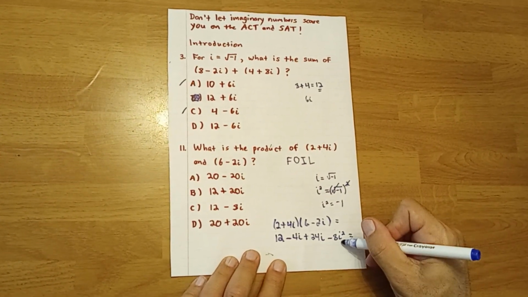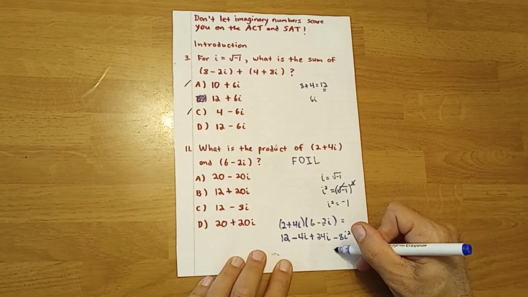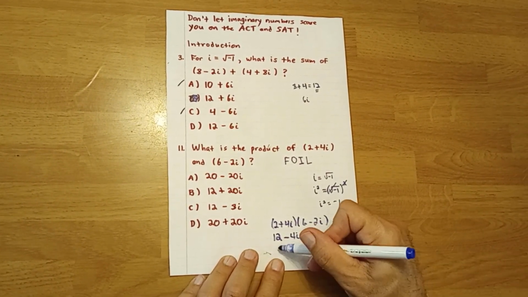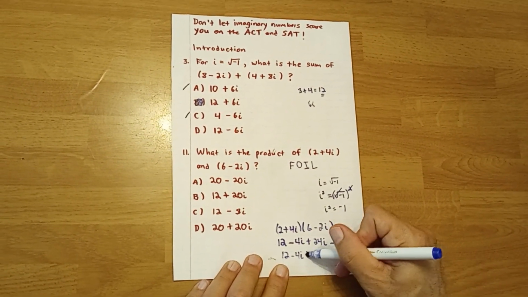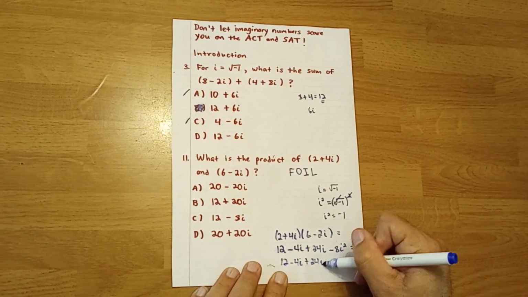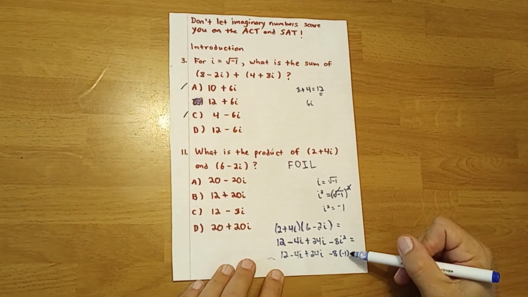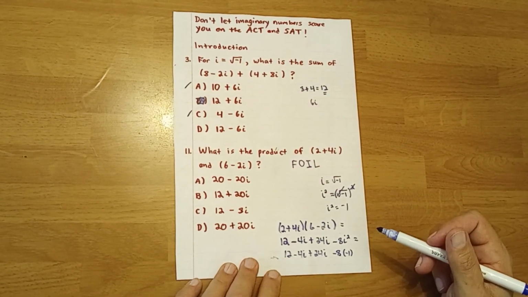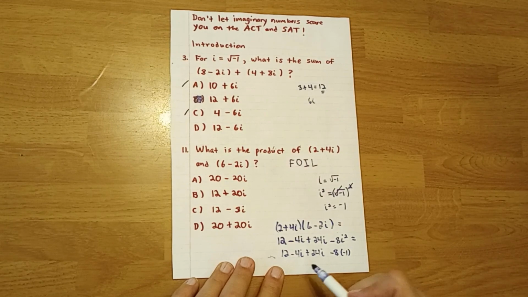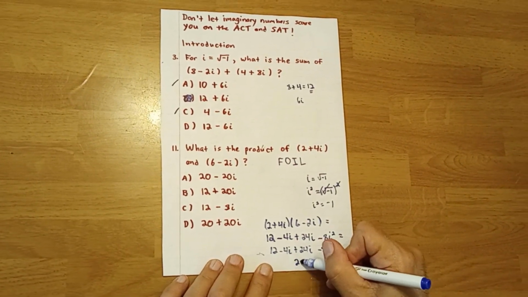Okay, now we know that i squared equals -1. So let's substitute -1 for i squared. And then we do the rest. 12 minus 4i plus 24i, basically plus 8. When we multiply two negative numbers, we get a positive. So if we combine like terms here, we're going to get for our i's 20i.